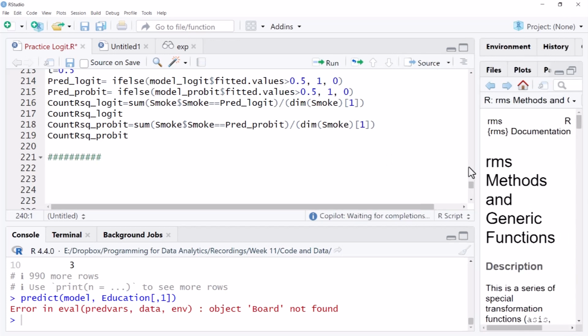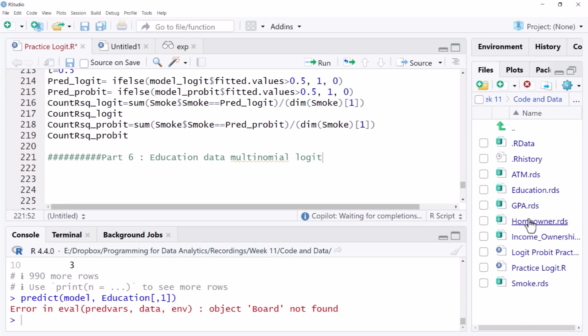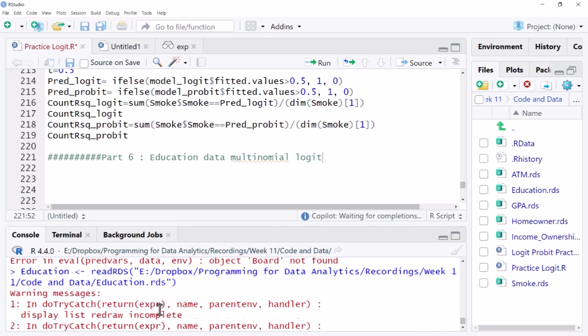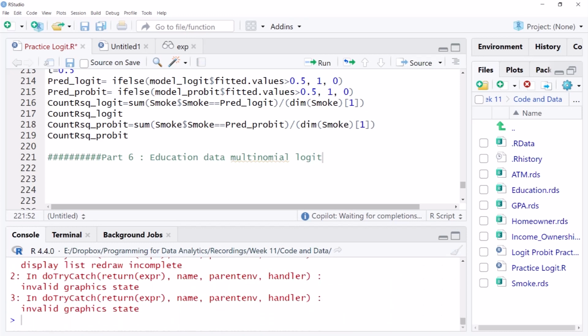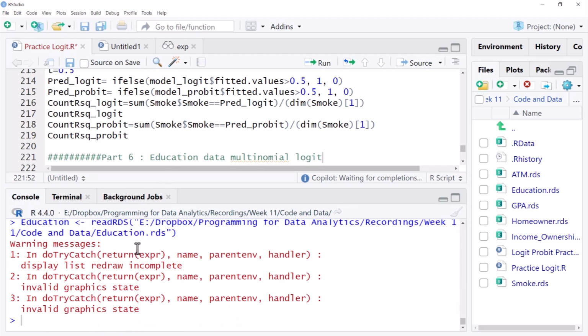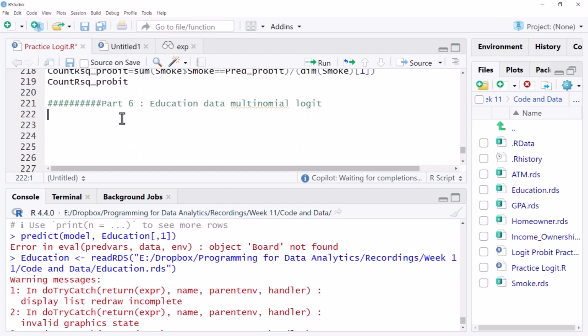Let's start with the sixth part of our case, part 6, on education data with multinomial logit. In this case, we'll first load the data, the education data. For reference, let me copy paste the command.